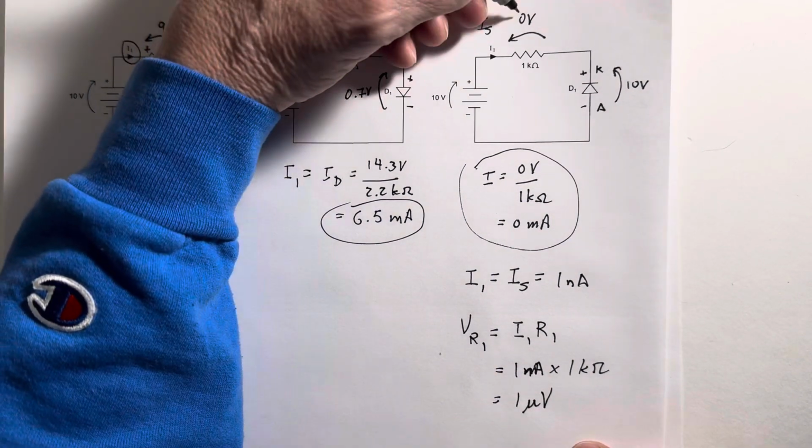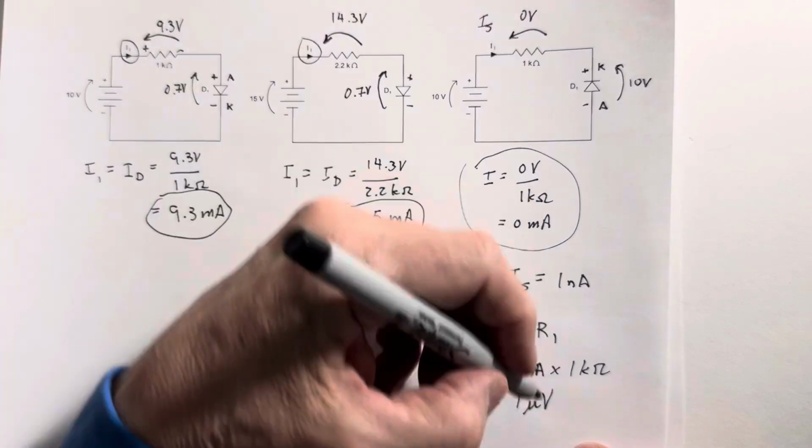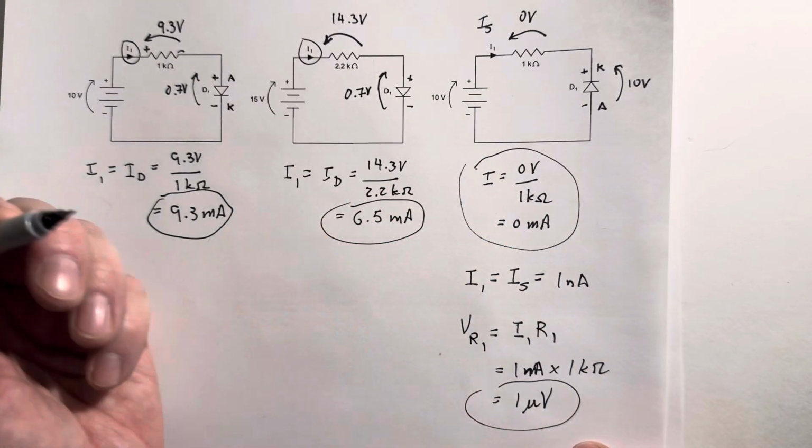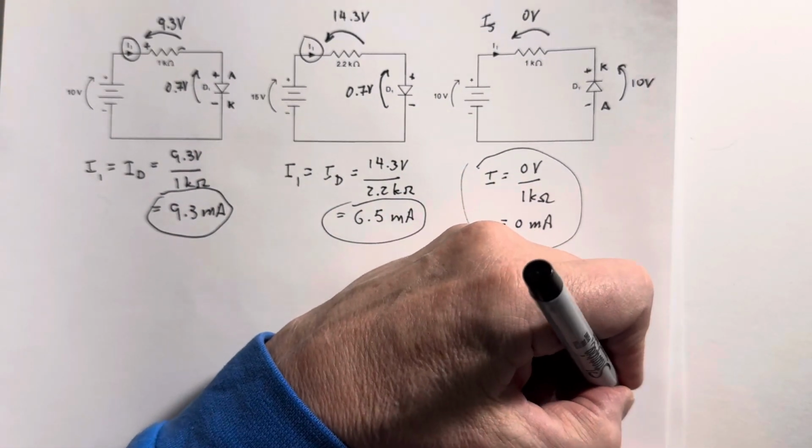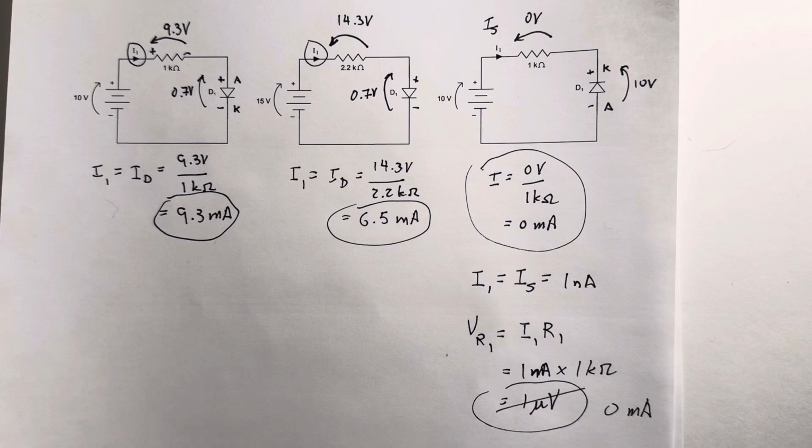So we approximated this drop as 0 volts. In reality, it's going to be closer to a millionth of a volt, but that's small enough that I'll call that 0 milliamps.